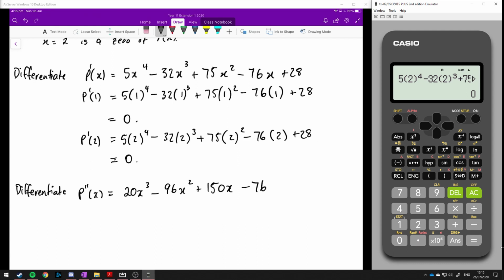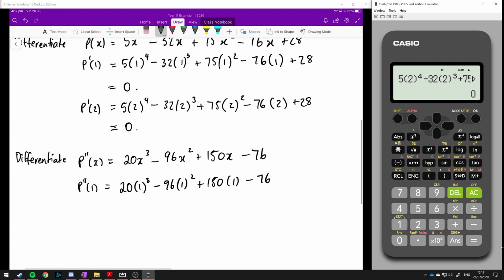Now, what we're going to do is test both of our points. So we'll start off with 1. Substituting 1 into the second derivative will determine whether or not x is equal to 1 is a triple root or triple zero. So 20 lots of 1 to the power of 3 minus 96 lots of 1 squared plus 150 lots of 1 minus 76.